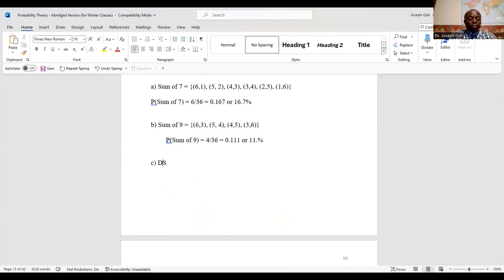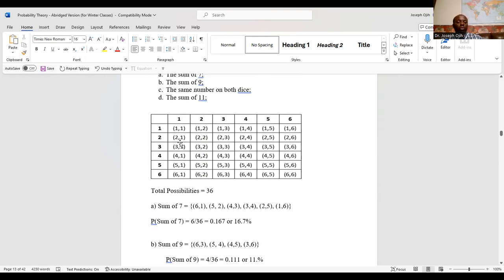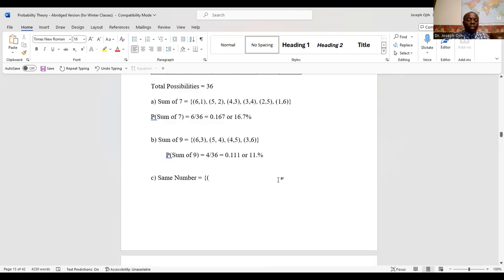The same number on both dice, when we look at our chart, you will see we have 1, 1, 2, 2, 3, 3, 4, 4, 5, 5, and 6, 6.